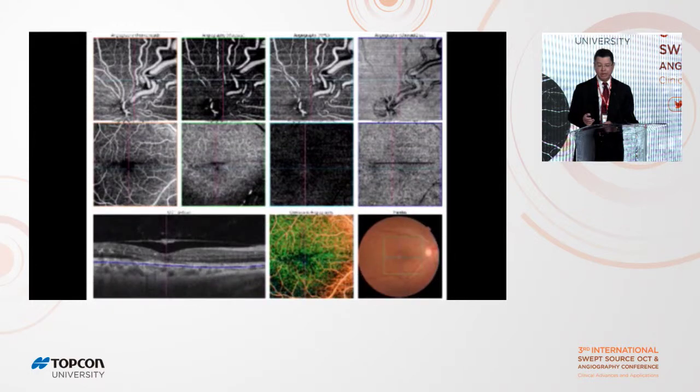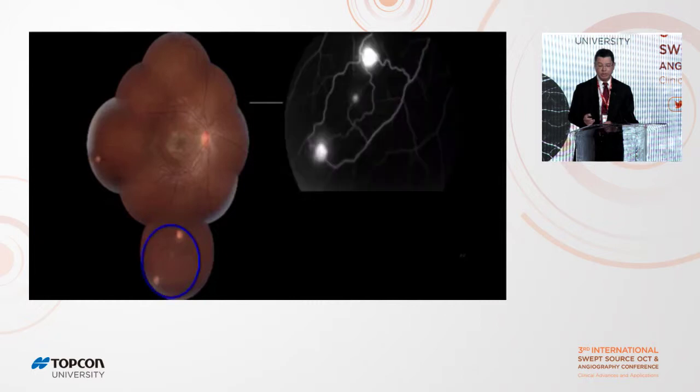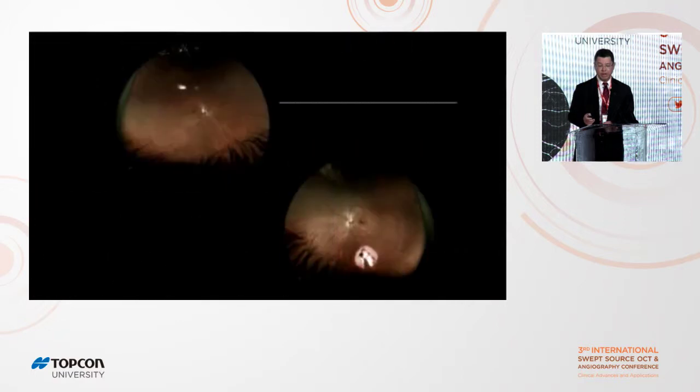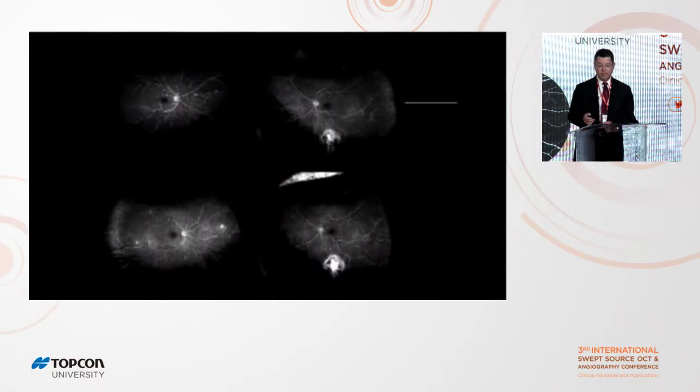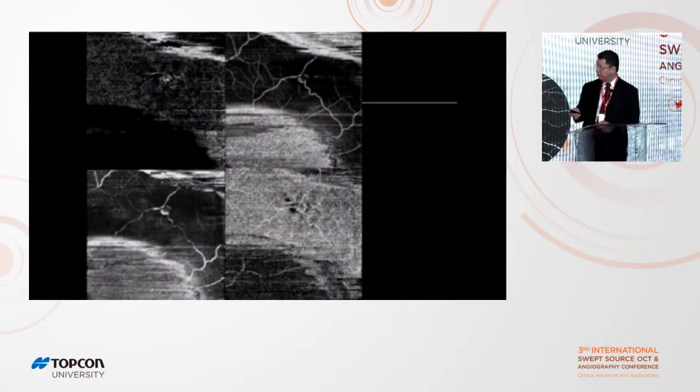And this is another example that shows the small lesions and their presence on the fluorescein angiogram and then on the OCTA. This is another patient that has small lesions here on the fluorescein angiogram. This left eye had been treated before, and the OCTA can show the presence of the hemangioblastomas very well.